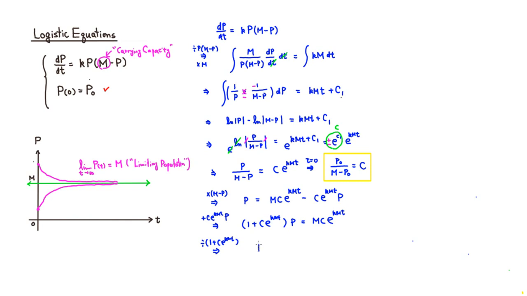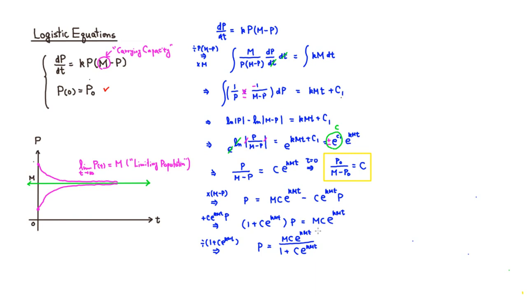Then we can just divide through by the quantity 1 plus c e to the kMt, and you end up with P is equal to Mc e to the kMt over 1 plus c e to the kMt.